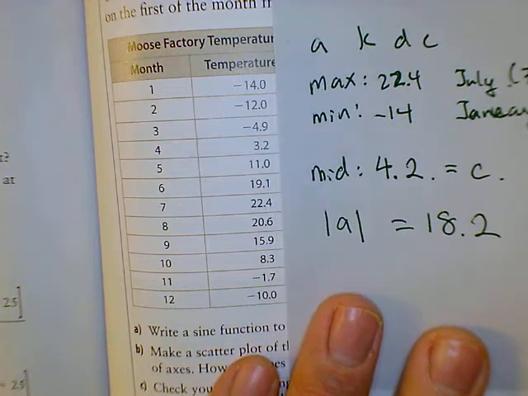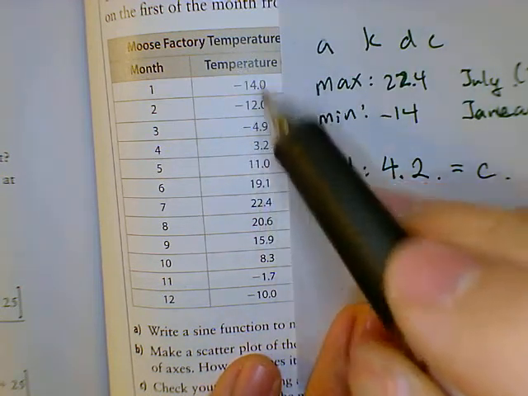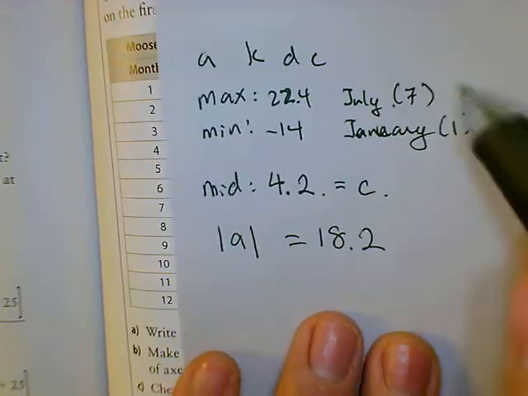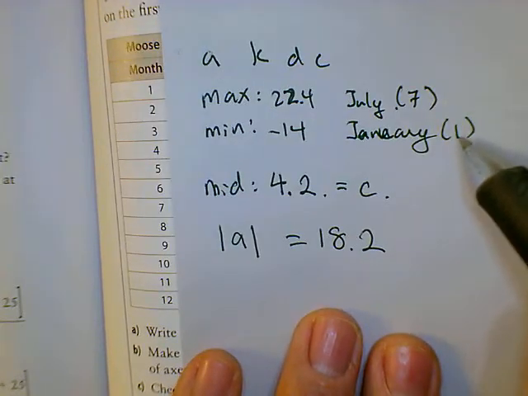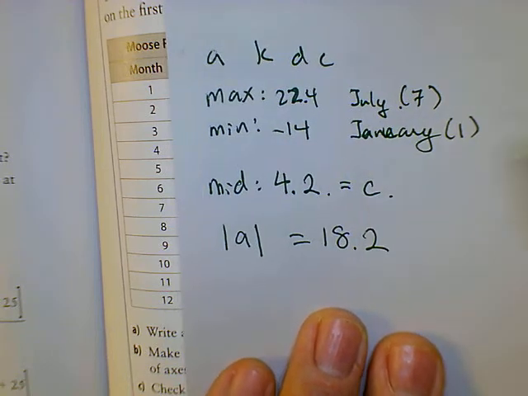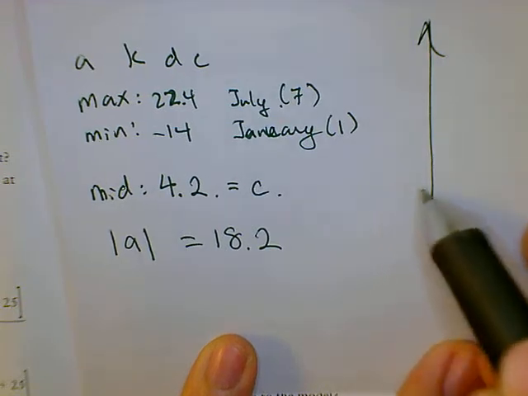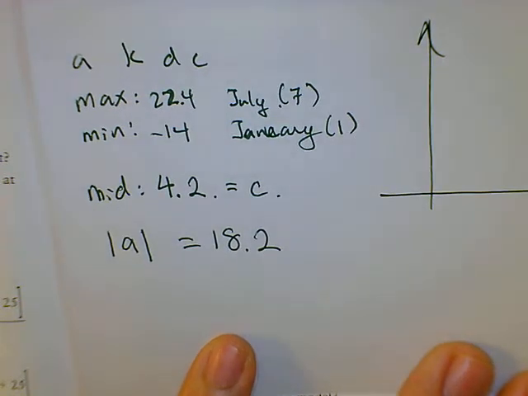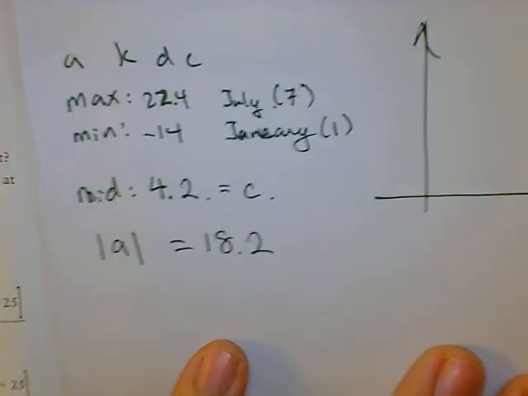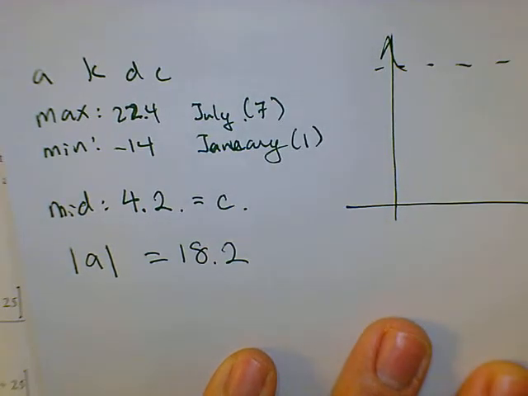Next. Where do you want to start? Our maximum was at July. Our minimum is January. We're doing a sine curve. So how about we start graphing stuff out a little bit? My max, 22.4.